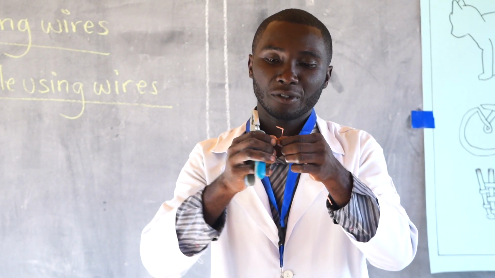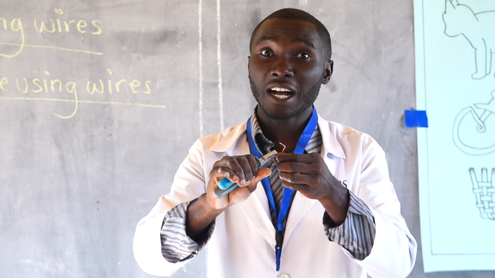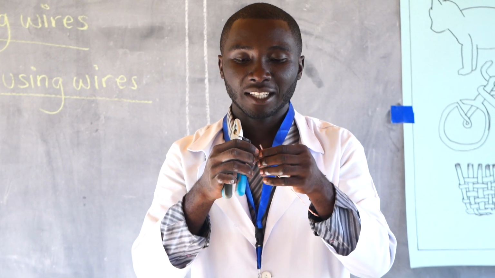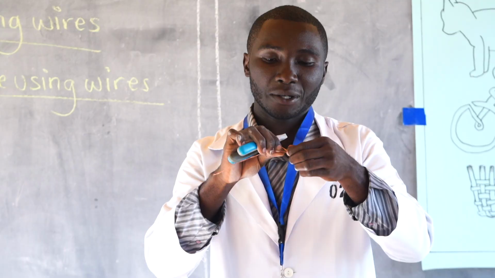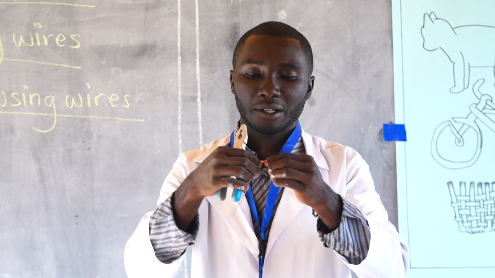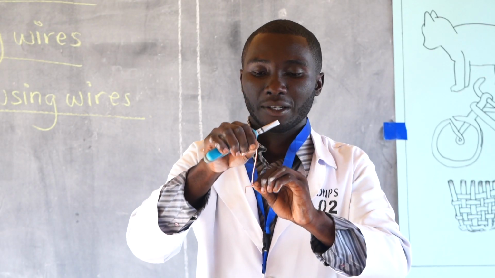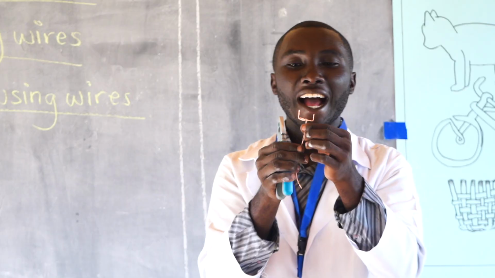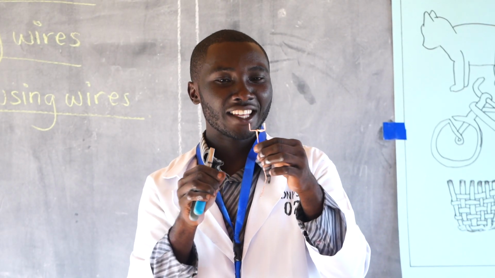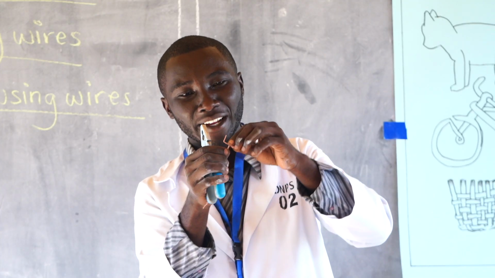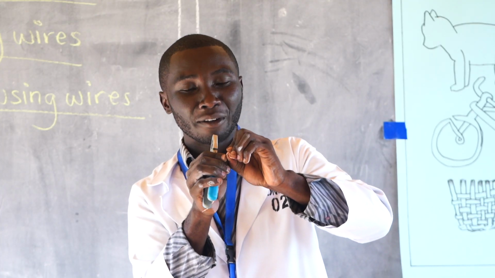Be smooth and make sure there is no sharp edge of a wire because it can cut. You can see I have already made a handle. This is a handle for my toy bicycle. And then we are going to make the front wheel.